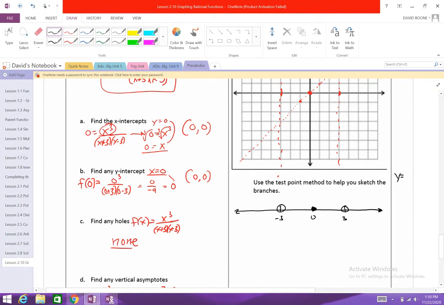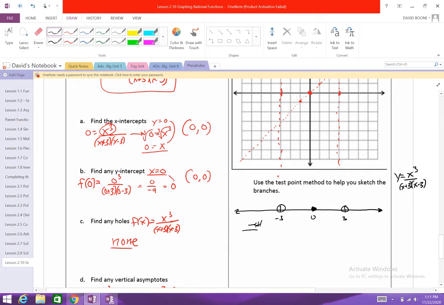Let's write that off to the side here. Y equals x to the third all over, I guess it would be a factored function, I should say. And look at how it behaves. So if I put a number in here like -4, -4 to the third would be a negative number. So -4 to the third is -64. Put -4 in there, that's -1. -4 in there is -7.